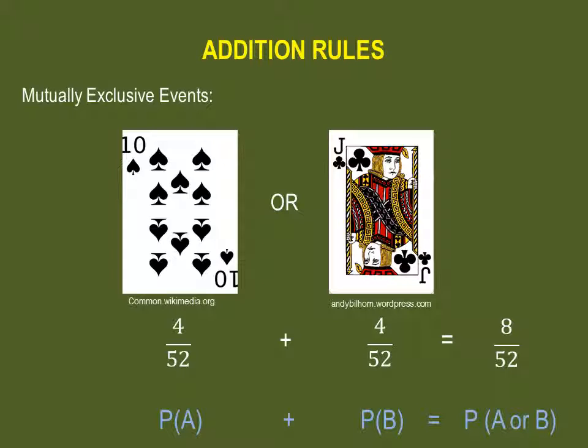So if we add both of these together, our total probability is 8 out of 52 chances of us picking either a 10 or a jack. Now, we should simplify this as much as possible, which means that actually we have a 2 out of 13 chance of picking a 10 or a jack from a regular deck of cards.